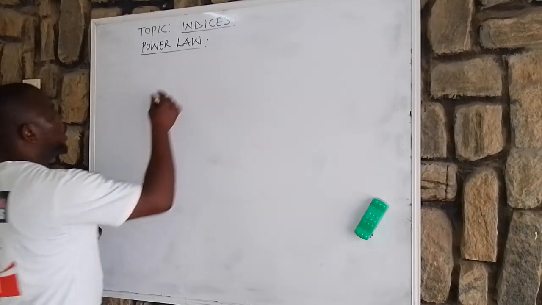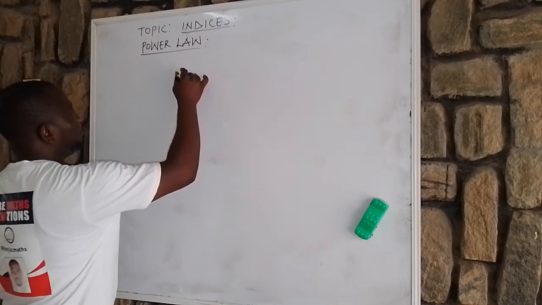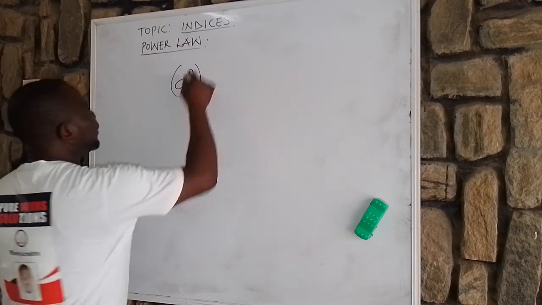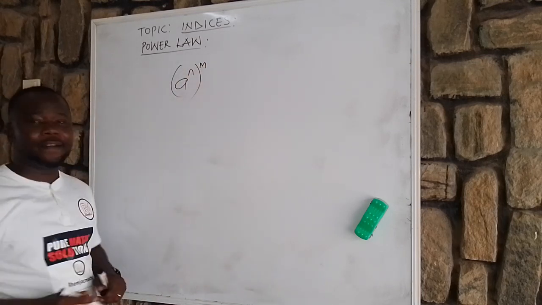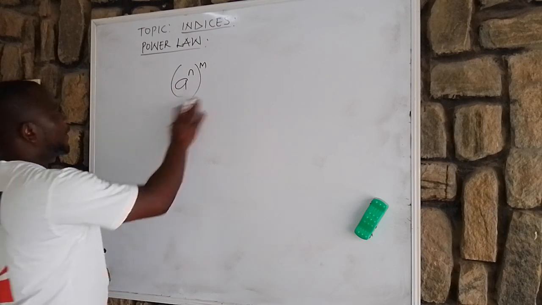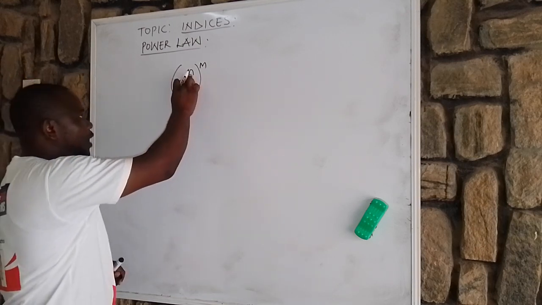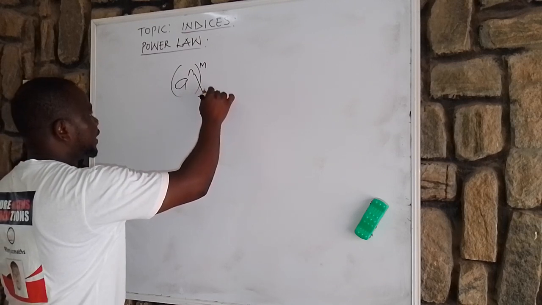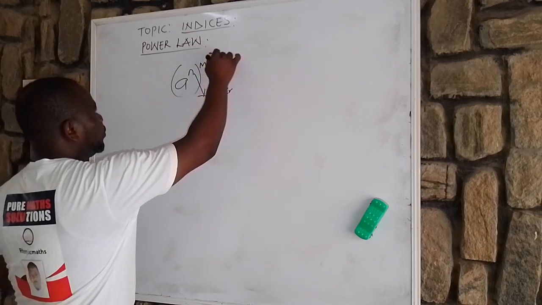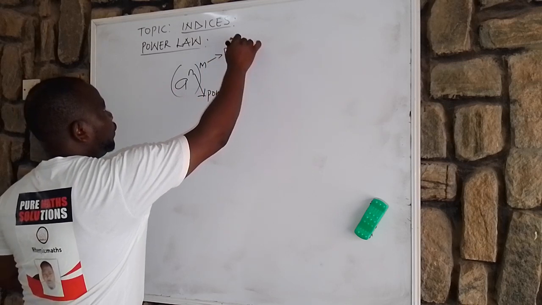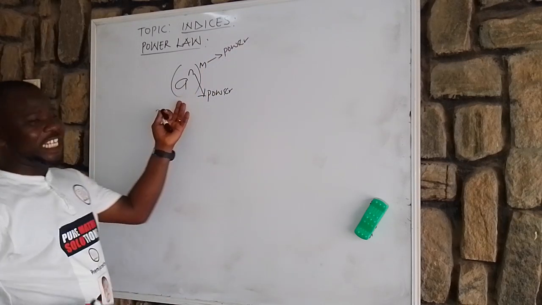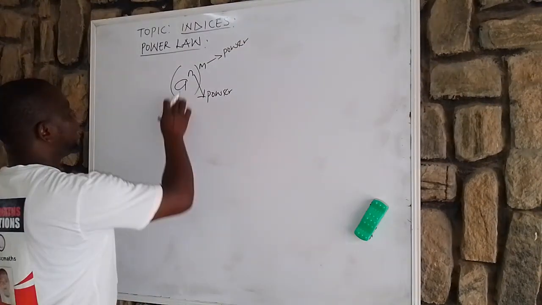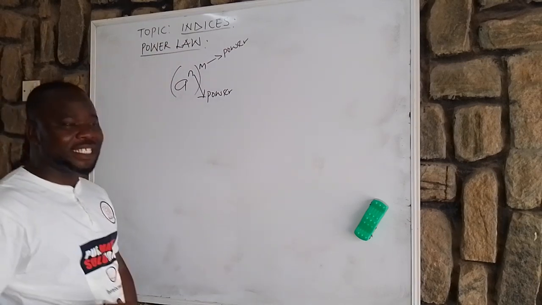If we have a raised to the power of n, close bracket, and then we have another power, you discover that this is a power and this one too is a power or index. So in one expression, we have two powers. Cases like this are where the power law is needed.